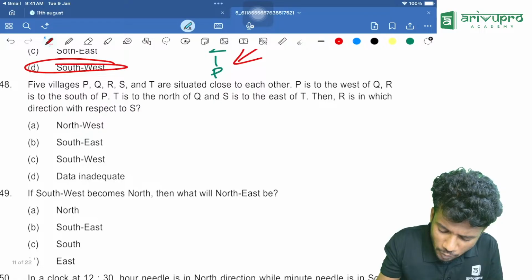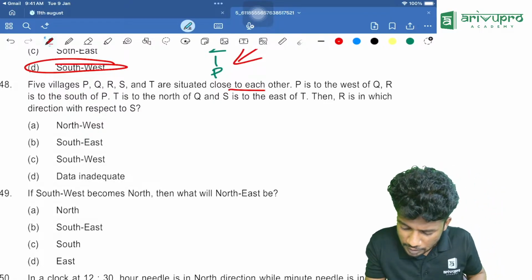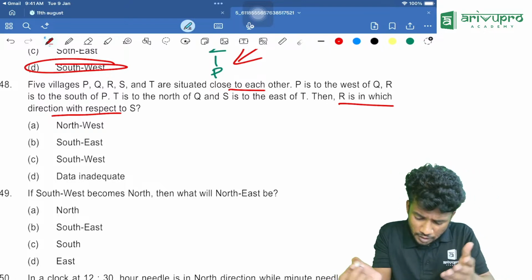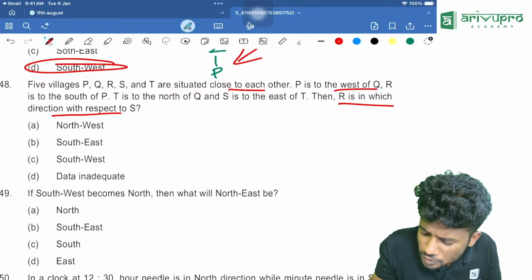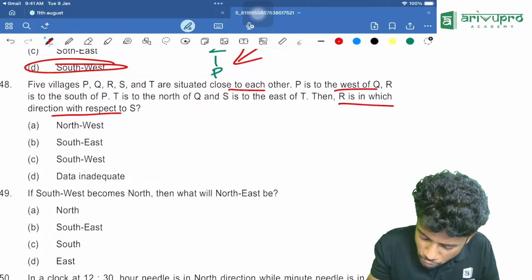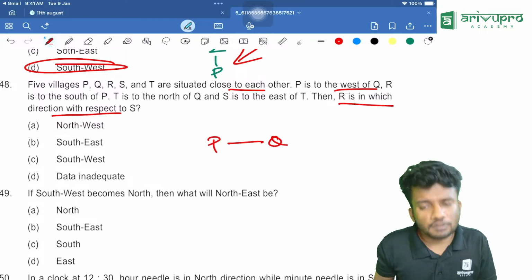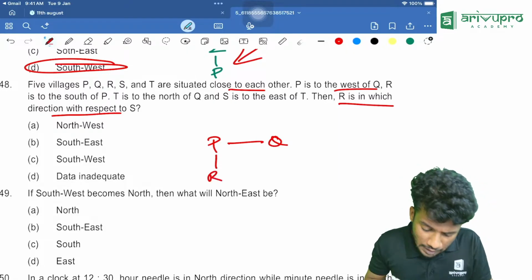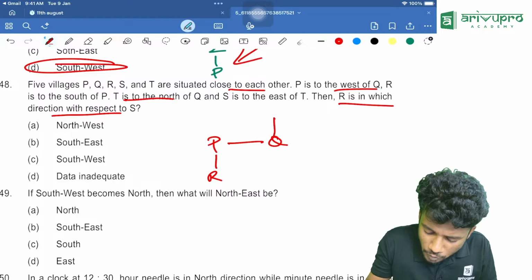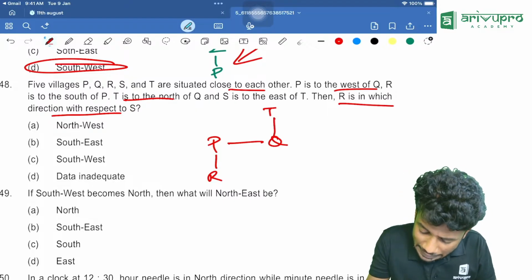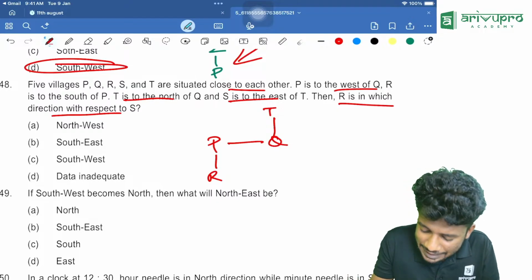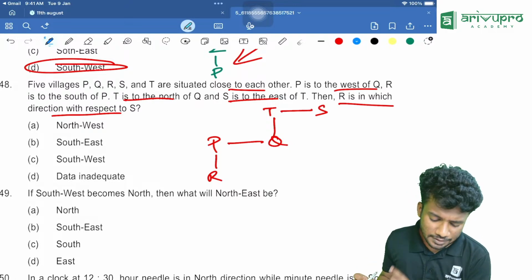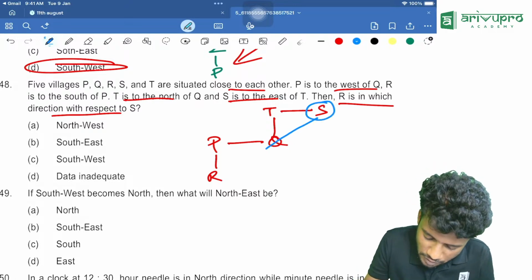Now, 5 villages P, Q, R, S, T are situated close to each other. We need to find R is in which direction with respect to S. Similarly, we need to draw and do it. P is to the west of Q. R is to the south of P. Then T is to the north of Q. Then S is to the east of T. Now the question is, R is in which direction of S?